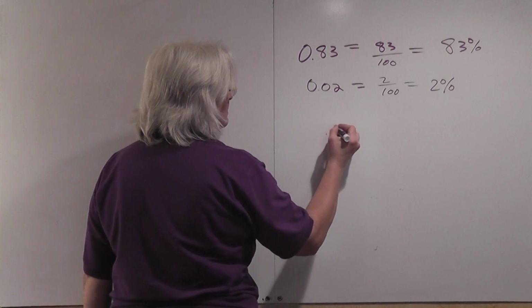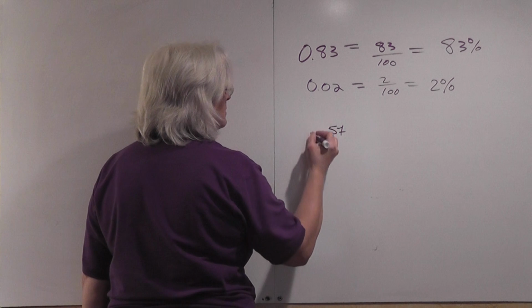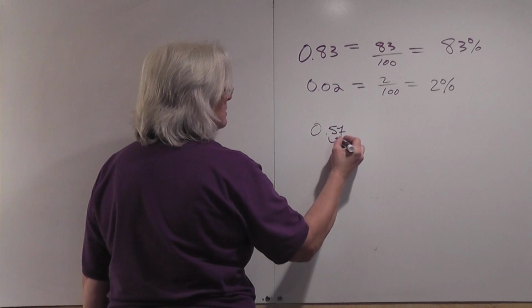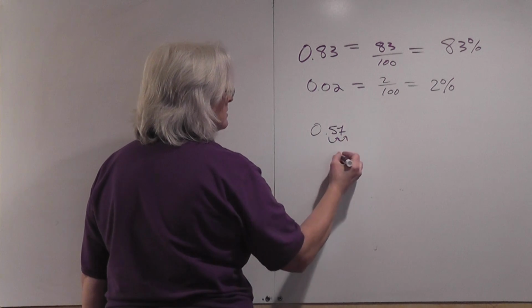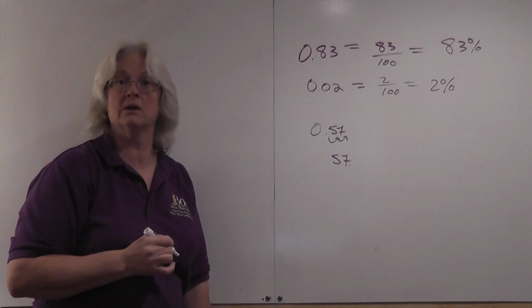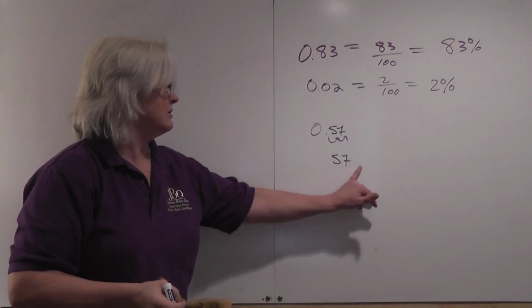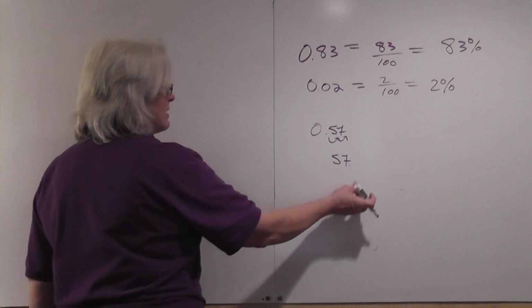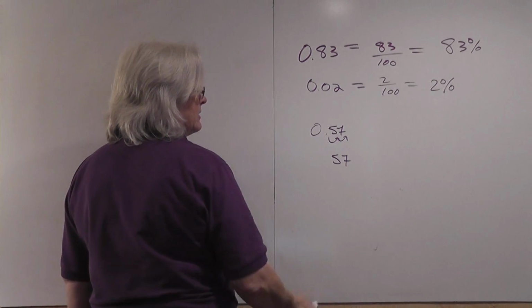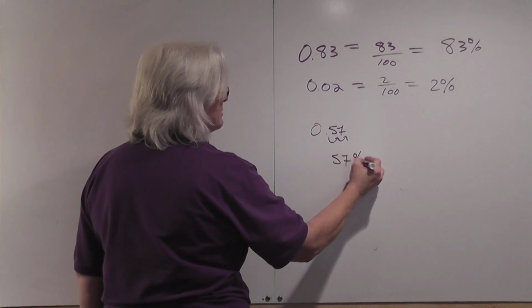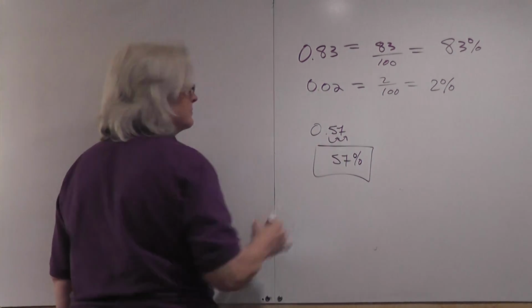We're going to take our decimal point and move it 2 places to the right. 1, 2. So that becomes 57 with our decimal point at the end. Because there are no digits after this, you drop the decimal point. So we've moved the decimal point, we have 57, and you add the percent symbol.